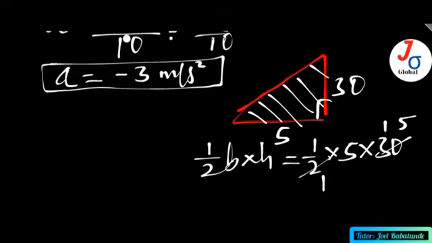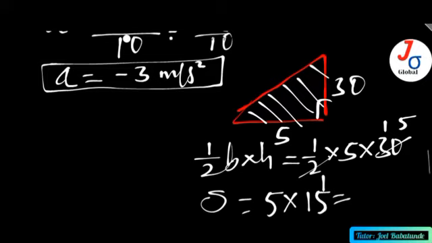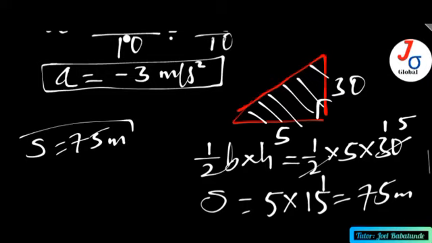And so you have 5 times 15. So this distance covered is 5 times 15, and that gives us 75 meters. So the distance covered in the first 5 seconds is actually 75 meters. Okay, good.